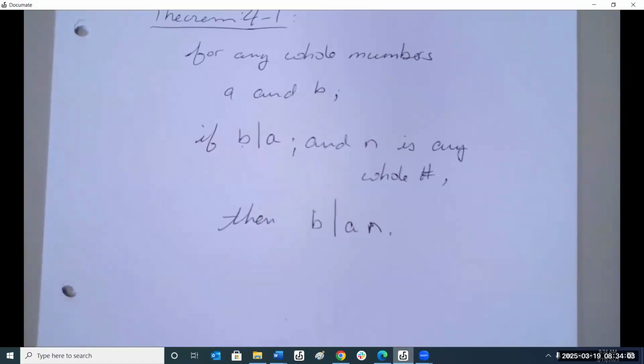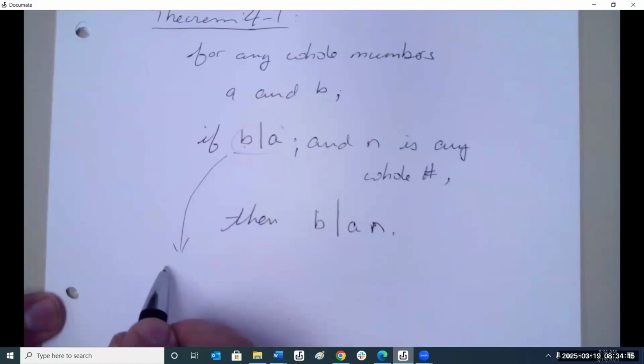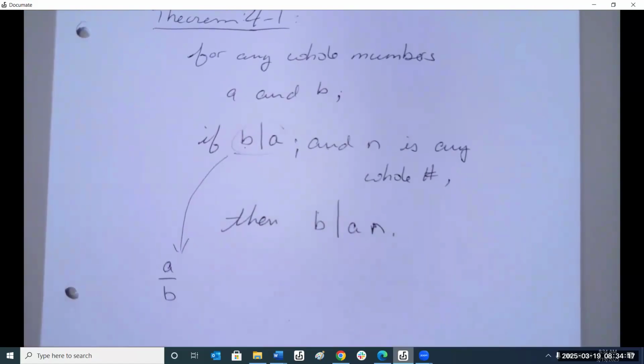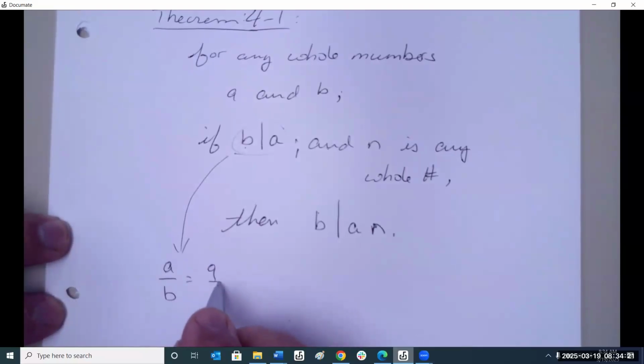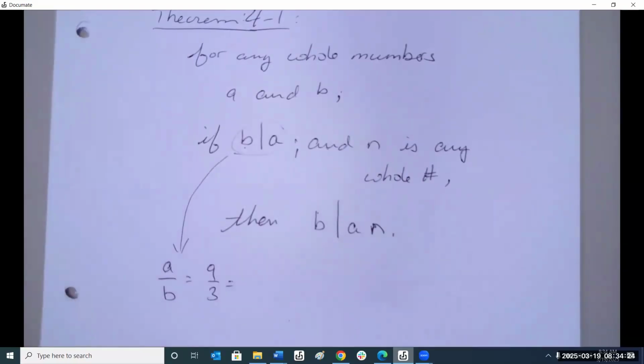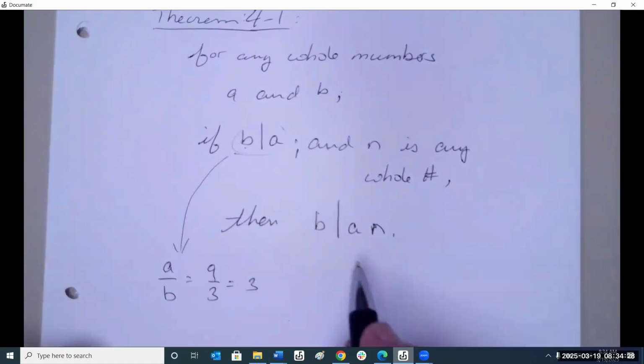Think about that. How would you rewrite this as a math statement? A divided by B. So let's just say 9 divided by 3 is 3.